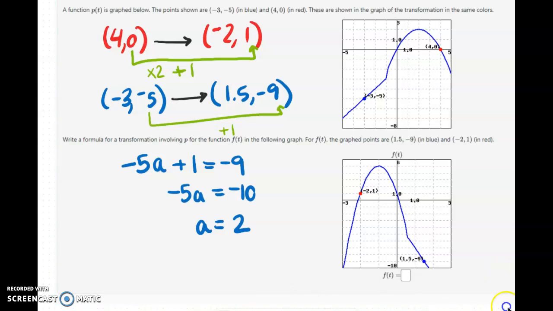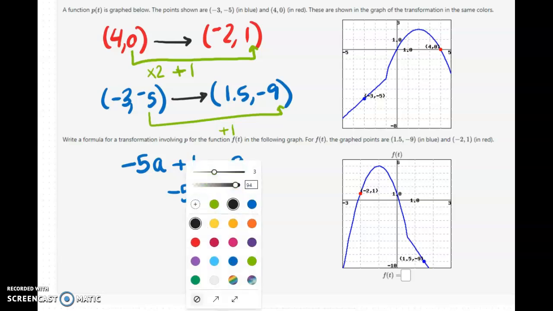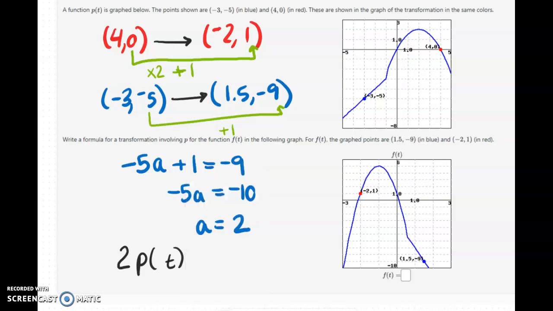That means if I follow my translation, my original function is p of t, and I would have to multiply by 2 in order to get the y coordinate to the outside.